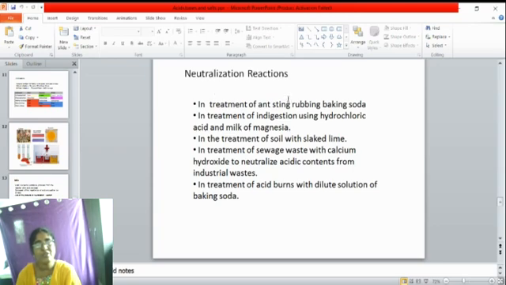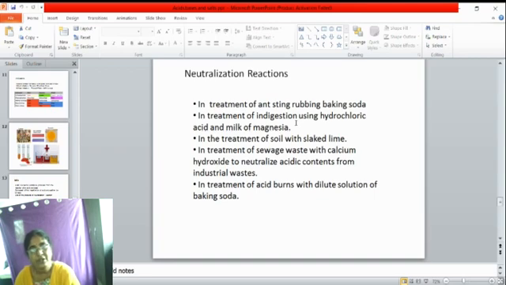Some of the examples of our daily neutralization reactions are, if there's an ant sting, then you feel that pain in the place where the ant has introduced its sting. Sometimes it is a pain and sometimes that part gets swollen. So there you can usually neutralize that reaction by just rubbing baking soda.